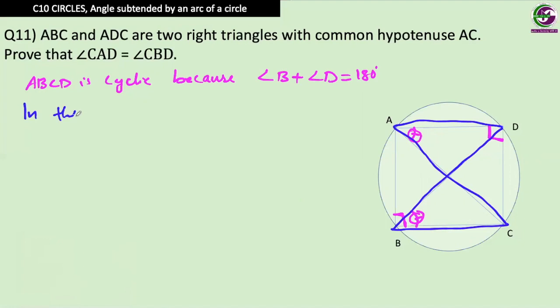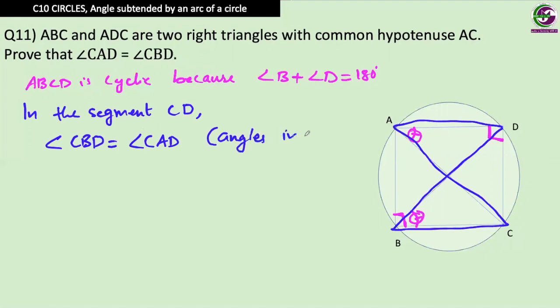In the segment formed by the arc CD, angle CBD is equal to angle CAD because they are angles in the same segment. They are equal. This is what we have to prove.